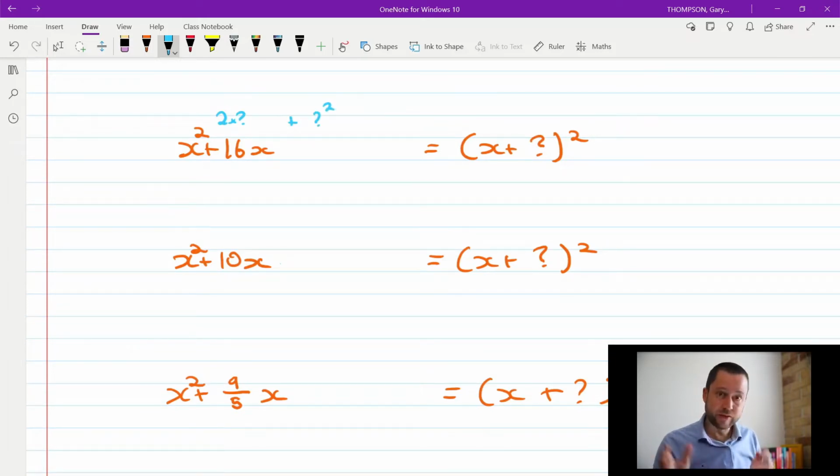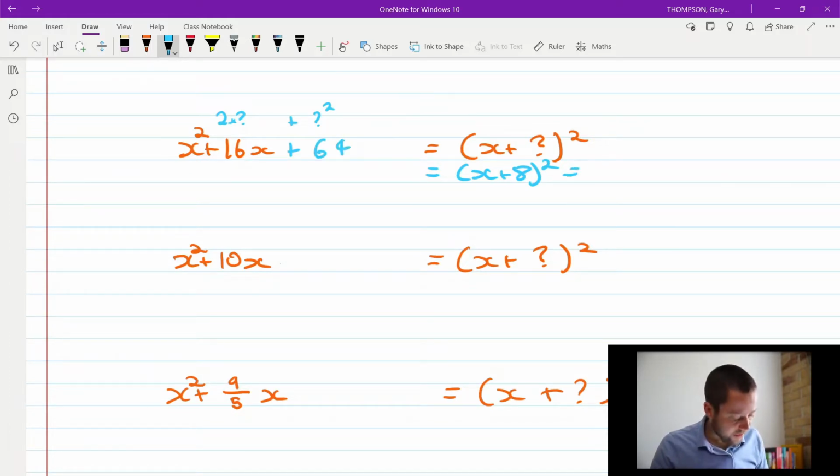So if 16 is twice the term, then the term I should be looking for to complete my square is going to be 8. So I'm thinking that this is going to be an x plus 8 all squared, and in order to complete this square, to make it an x plus 8 all squared, I will need to add 8 squared, which is 64.